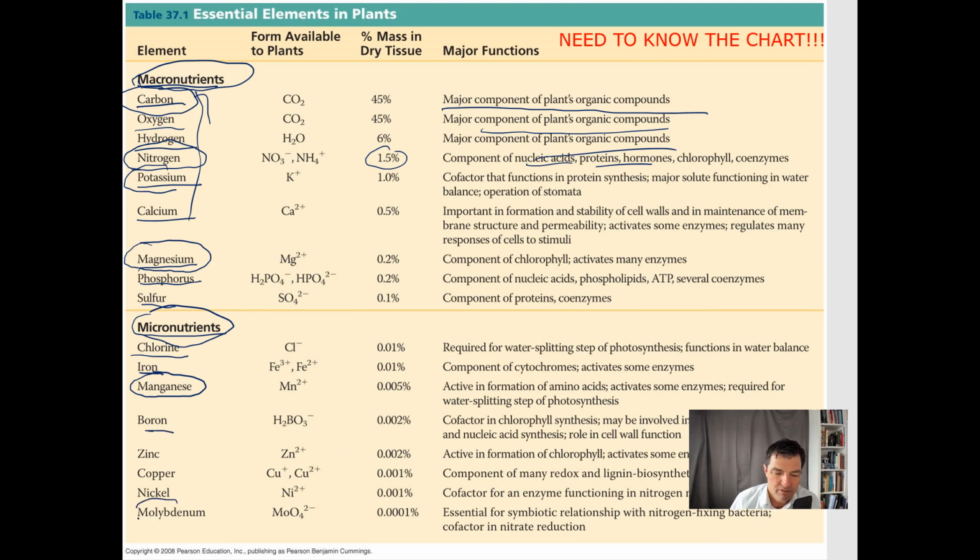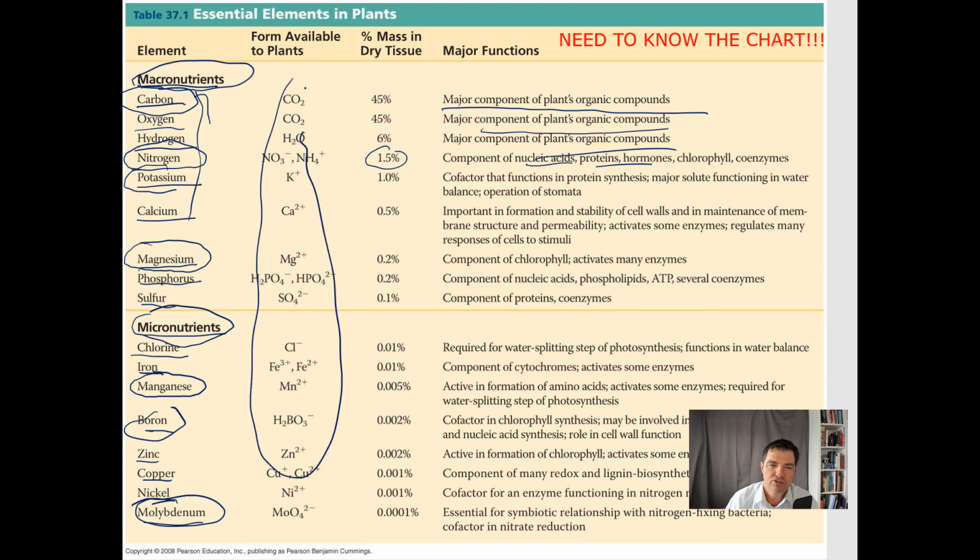Boron, molybdenum, these are ones maybe you haven't heard of. Zinc, copper, and nickel, you've probably heard of those. Boron, maybe. So what you want to do is focus on the ones you already know. You don't have to know the chemical formula. You do need to know if they're macronutrients or micronutrients. You don't need to memorize these numbers exactly.